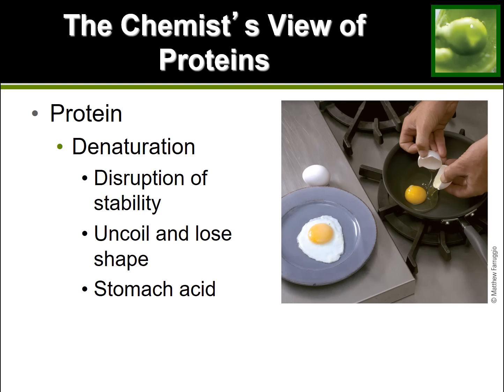So we want to uncoil or basically untwist, untangle the protein, and we do that by using acid or heat. That's going to deactivate and denature the protein so that it's more accessible to enzymes.